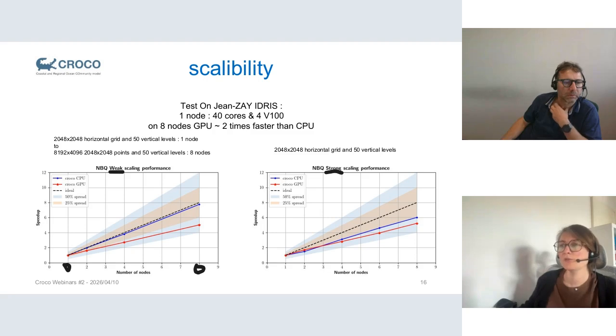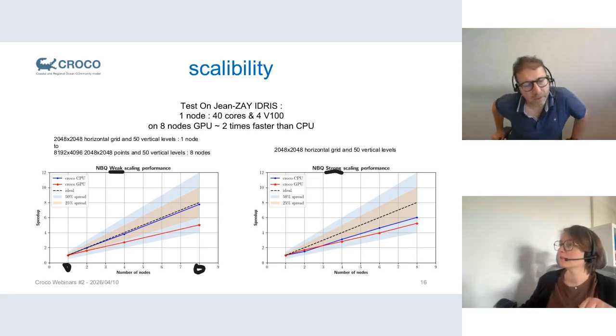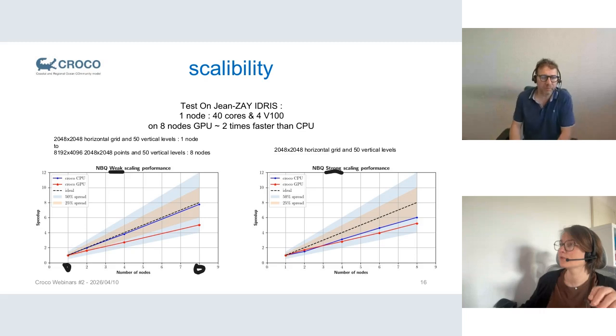Next question is about the optimal ratio between the number of grid nodes and the available GPU cards. There is no real response, because it depends on the time stepping and the number of NDT-fast. The internal mode of Croco is in 3D and works very well.